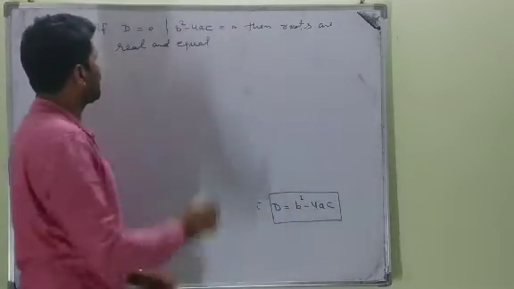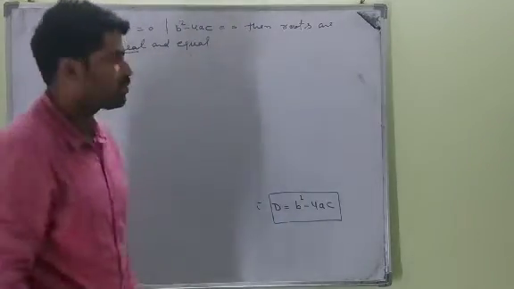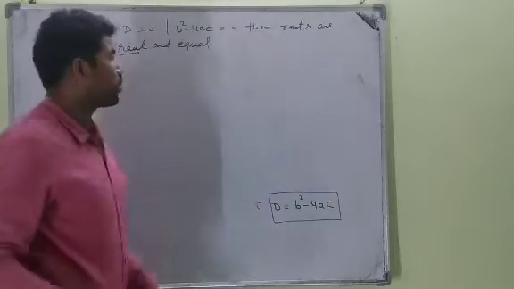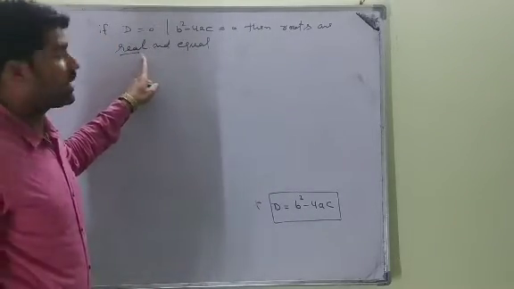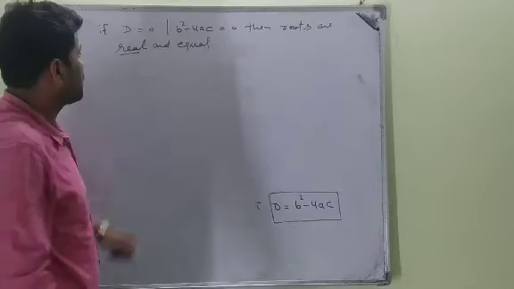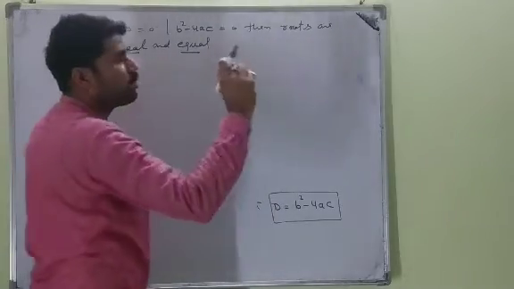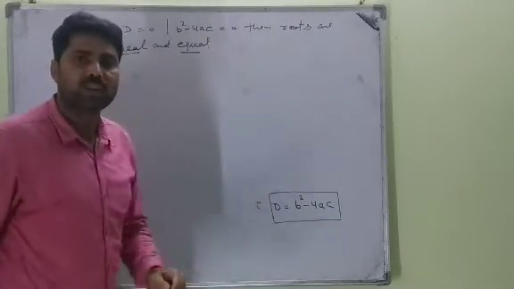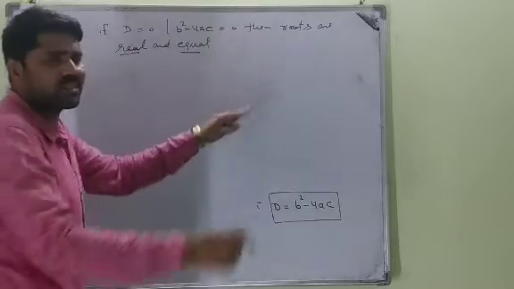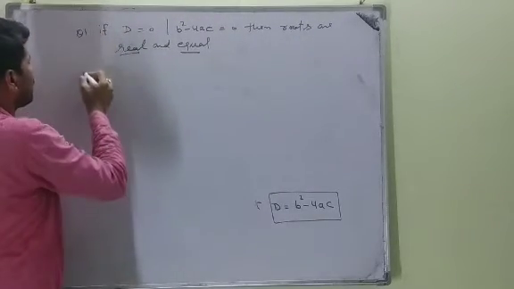Roots are real and equal. Real means can be negative, can be positive, but cannot be complex. Equal means the value of x, we get the same value twice in the quadratic equation. We will discuss this in the question when we take an example.